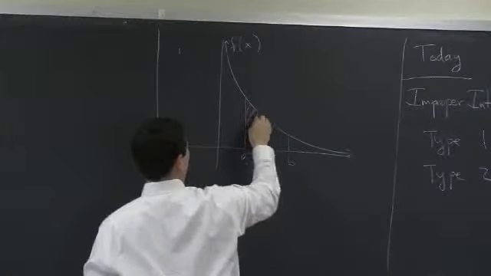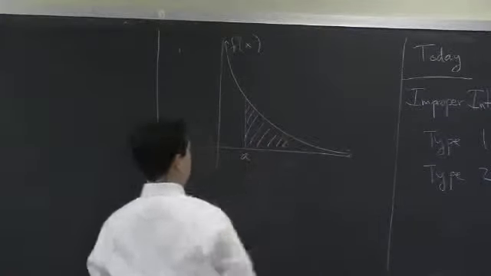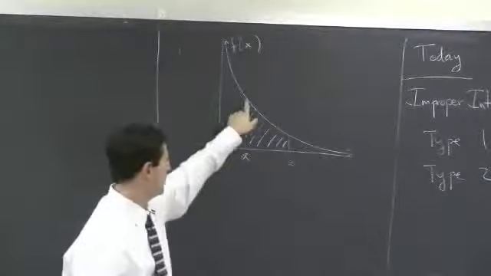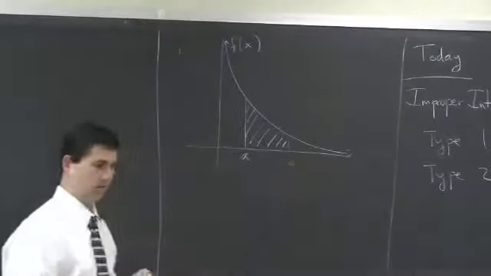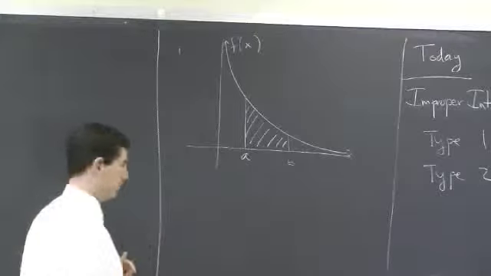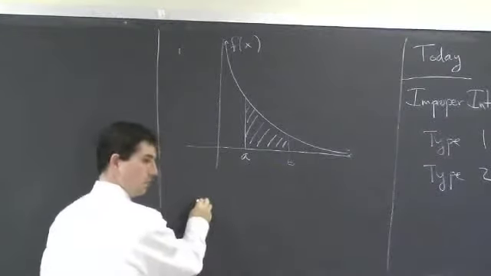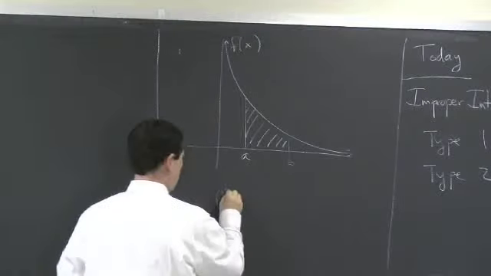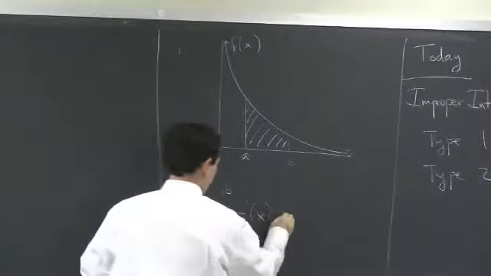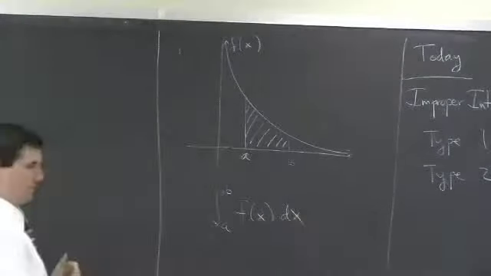And we already know how to find the area of the region bounded by the curve, the x-axis, and between x equals a and x equals b. And of course, how do we do so? Take the integral from a to b, f of x dx.